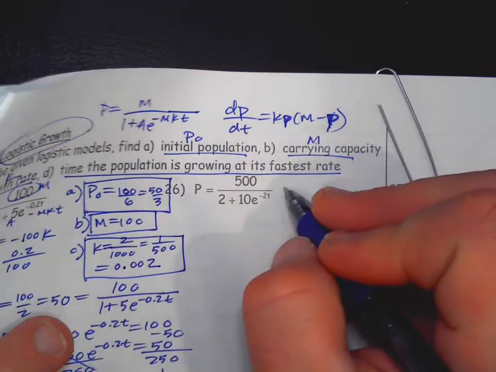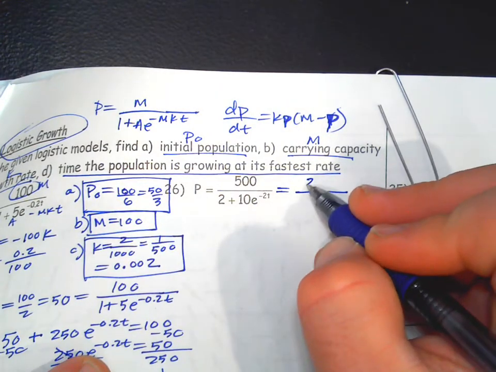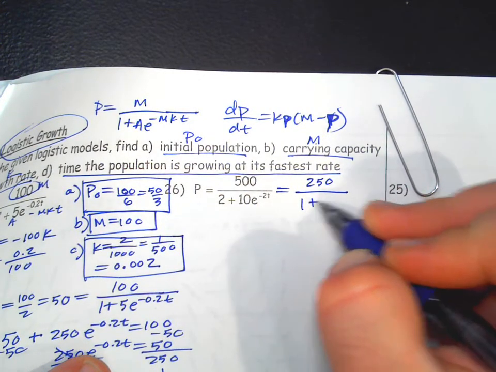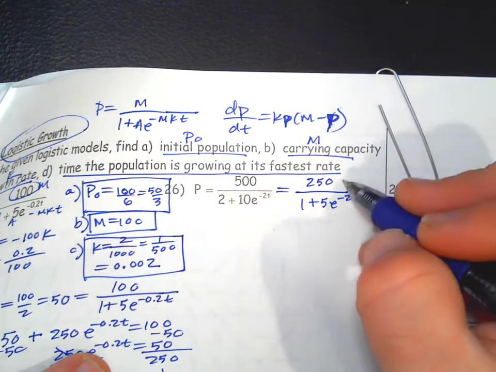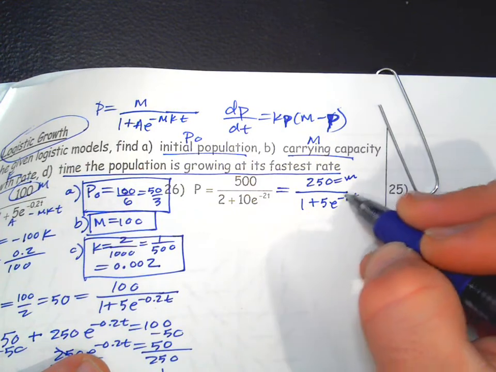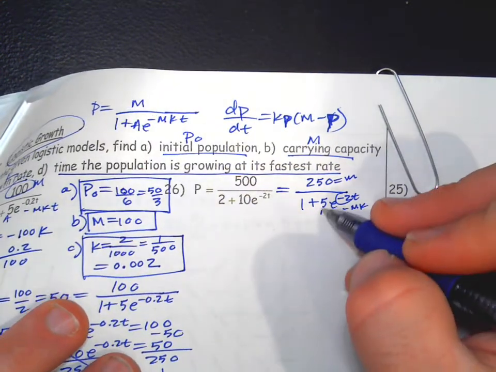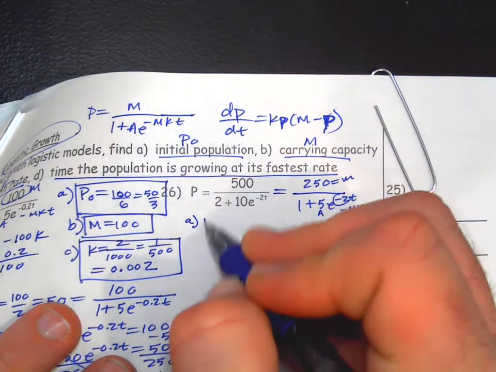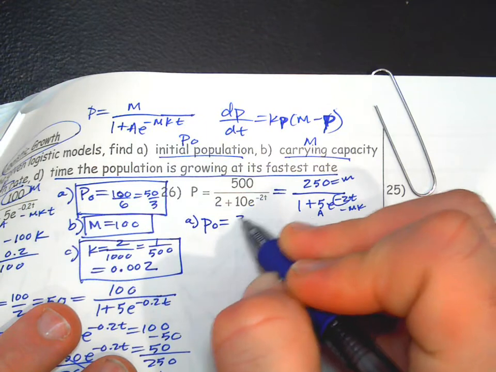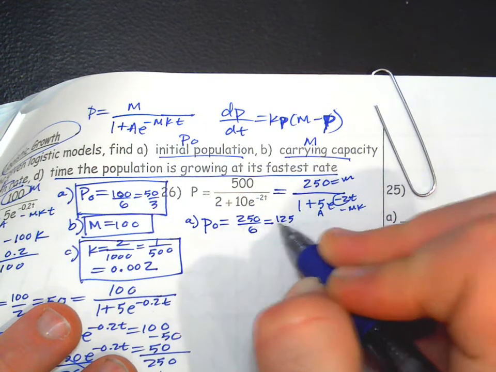Now this one you got to realize is not in the ideal form yet. So we got to divide a 2 out of the top and the bottom to get it to that proper form. So this is your M, this is your negative MK, this is A. So A, P naught equals 250 over 6, which is 125 over 3.